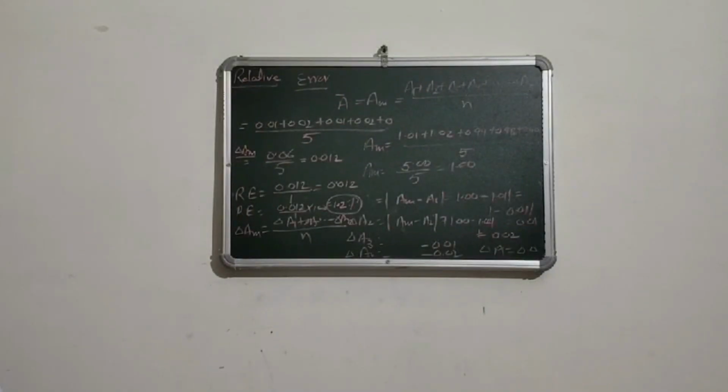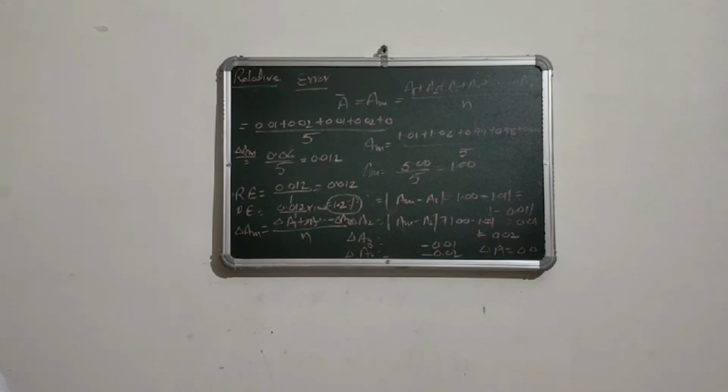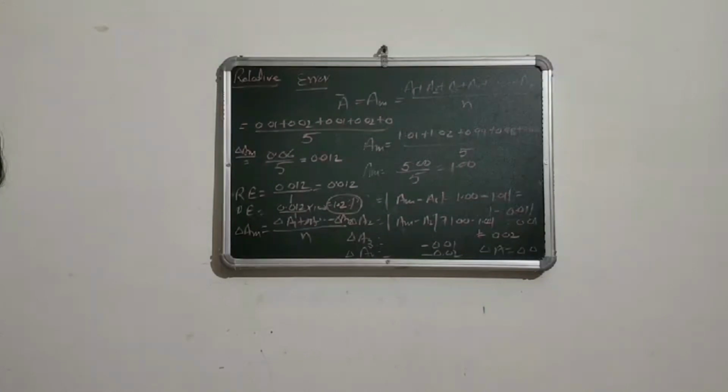These are the errors produced due to experiments when we observe the physical value. So I repeat, what is error? Error is the difference between the measured and the true values of a physical quantity.